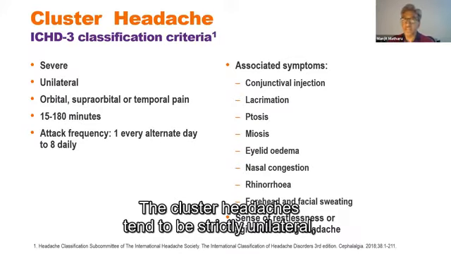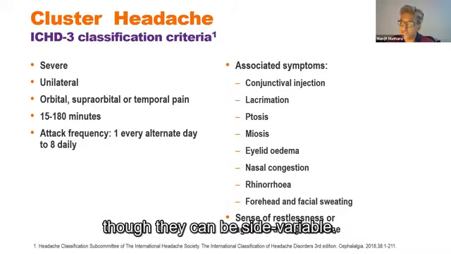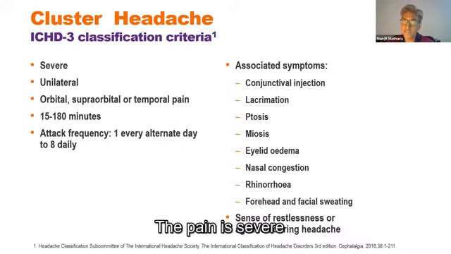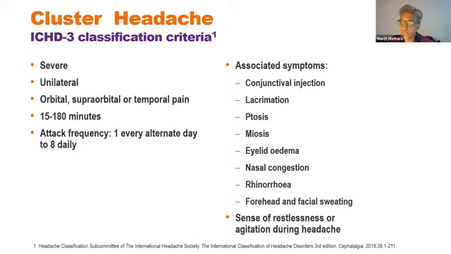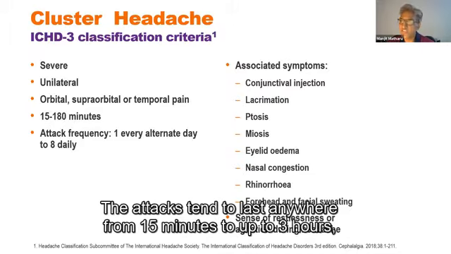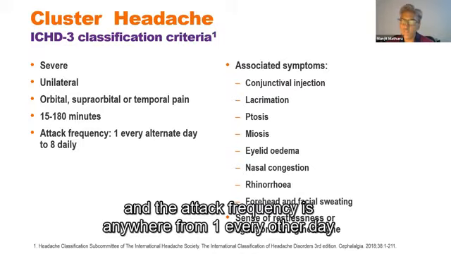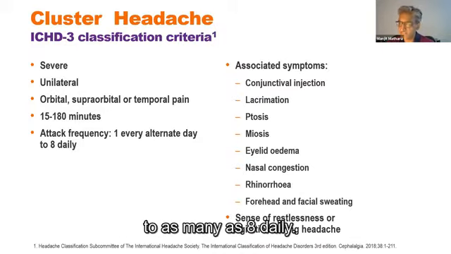The cluster headaches tend to be strictly unilateral, though they can be side variable. The pain is severe and is predominantly situated around the orbit, the supraorbital region, the forehead, and the temple. The attacks tend to last anywhere from 15 minutes to up to 3 hours, and the attack frequency is anywhere from 1 every other day to as many as 8 daily.